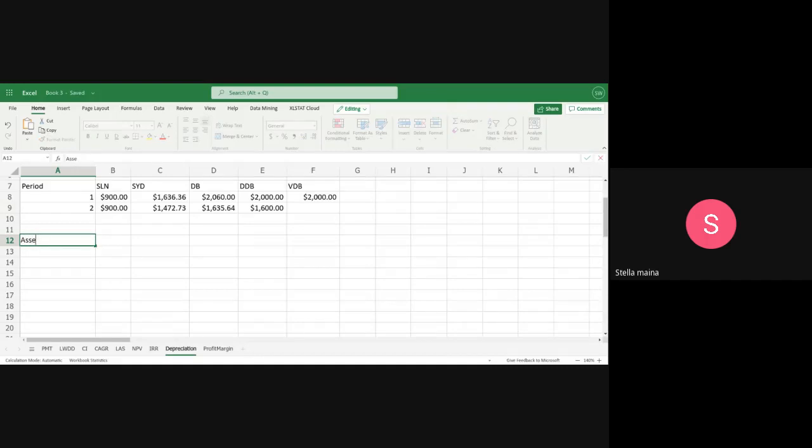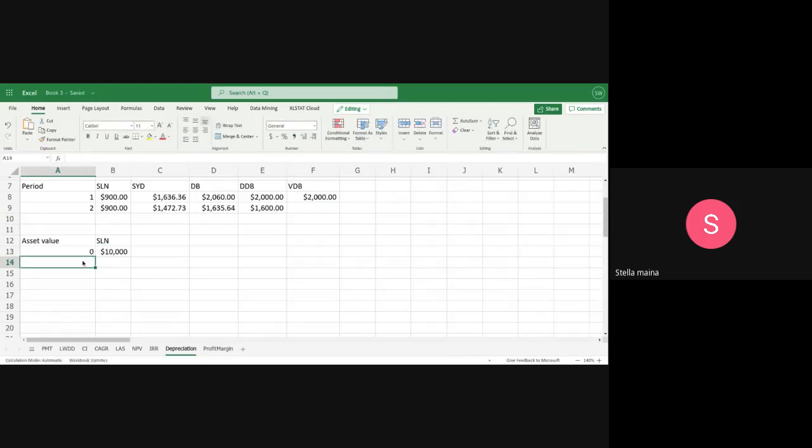If you want to add the asset value, for the straight line function, just type SLN, and then the period; the first one will be 0 for this case, so it will automatically be 10,000.